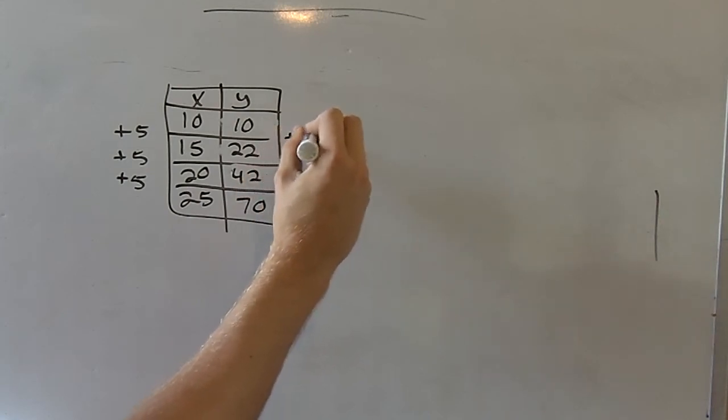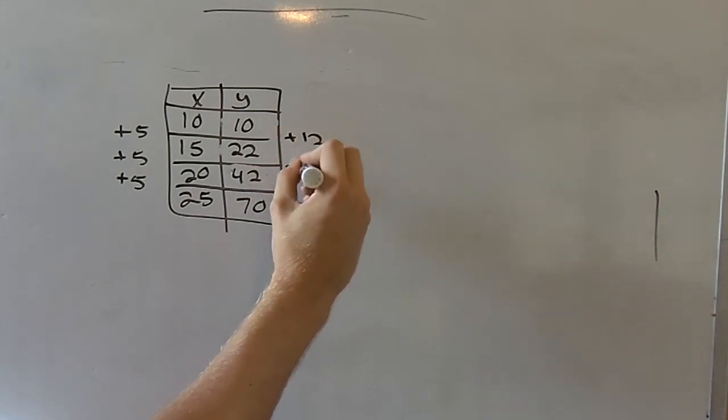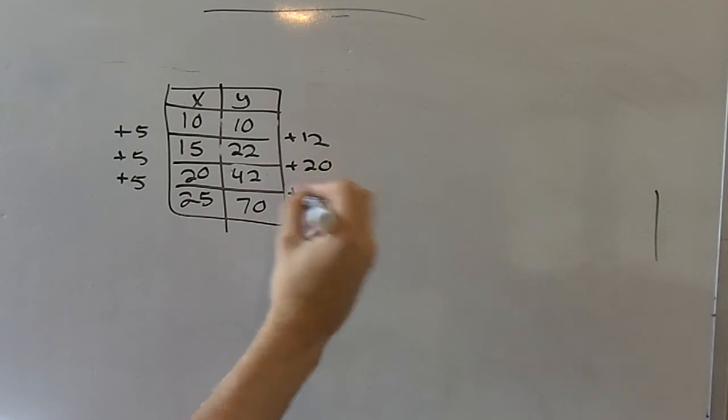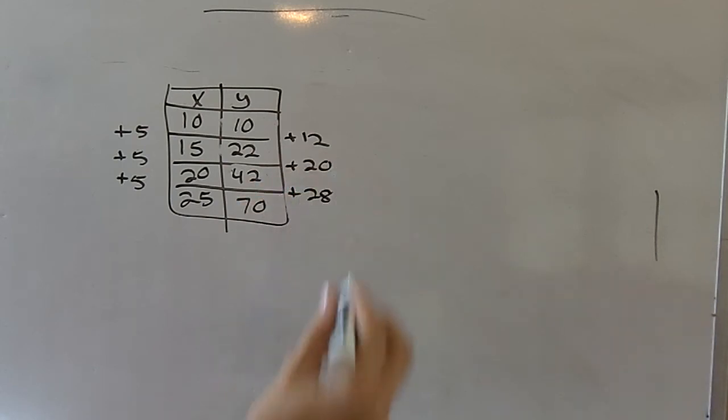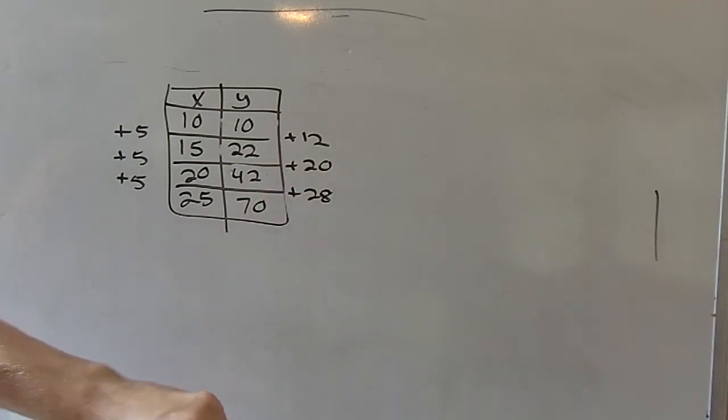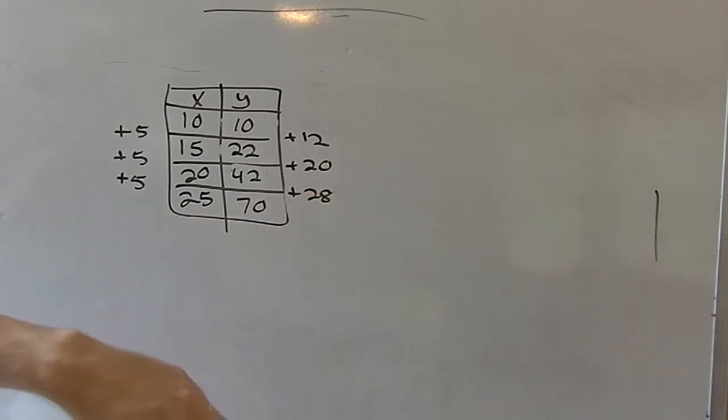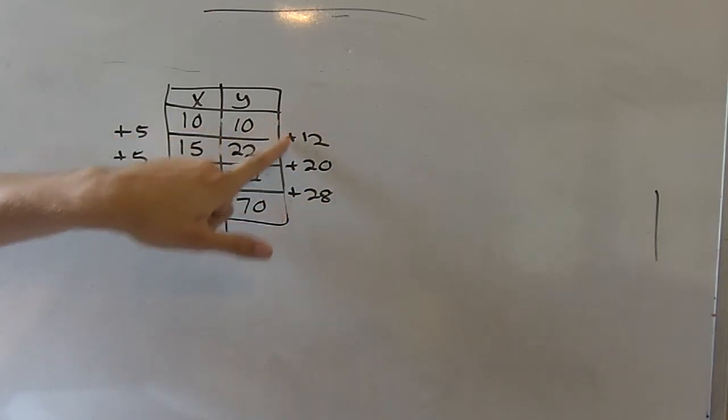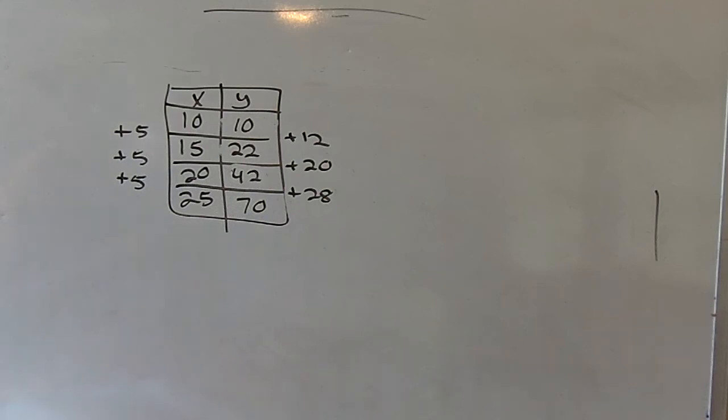So it went plus 12, plus 20, plus 28. And so as you can see, the amount that's being increased is plus 8. But the actual increase itself is getting bigger and bigger by the same number over and over. So that's typically pretty indicative of a nonlinear function. But basically, linear functions have a constant rate of change. Nonlinear functions do not.